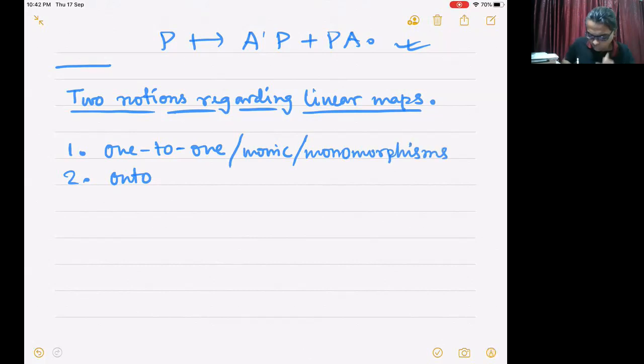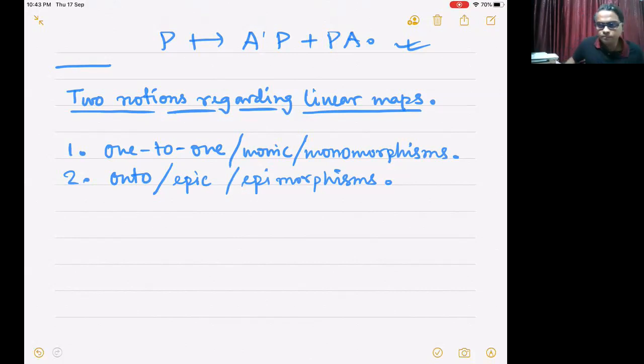On the other hand, onto maps are also called epic maps or epimorphisms. Okay, let me define these two terms and then we will look at them more carefully.